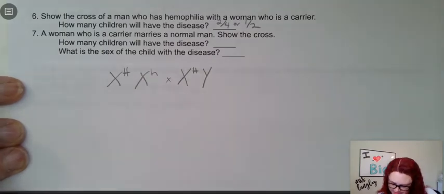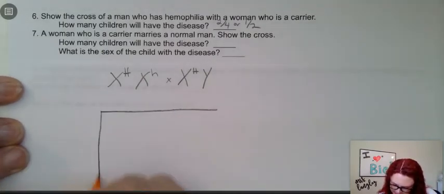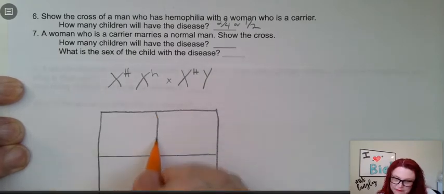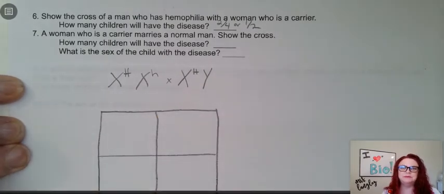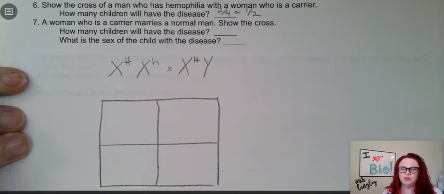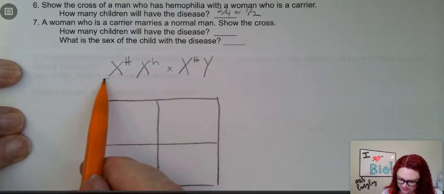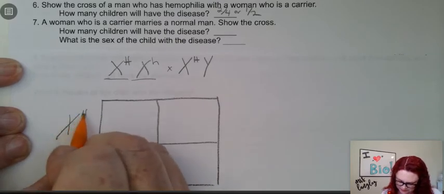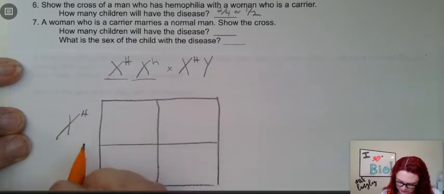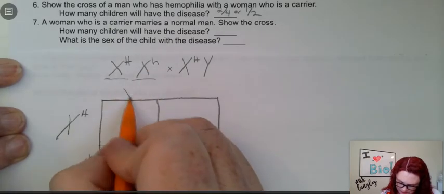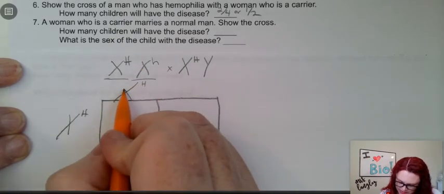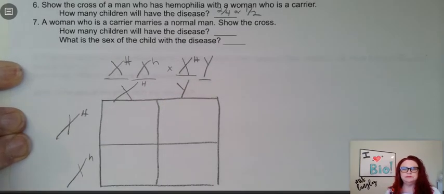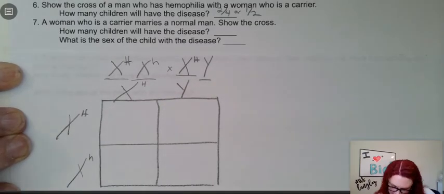So our cross. We find our gametes. Here's one and here's one. Here's one and here's one. Bring them together.